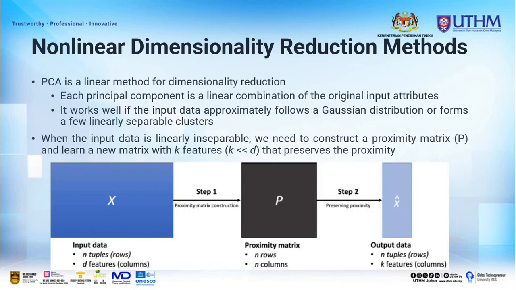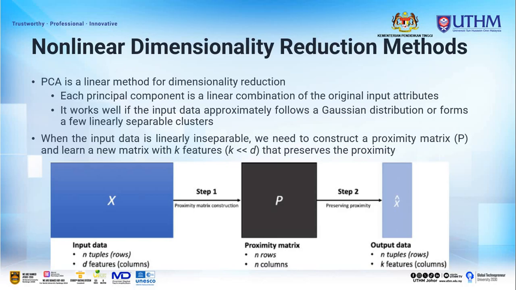From the picture here you can see that we have input data X with n tuples and d features. Through proximity matrix construction, we construct the proximity matrix, which represents the pairwise similarities or distances between the data points.